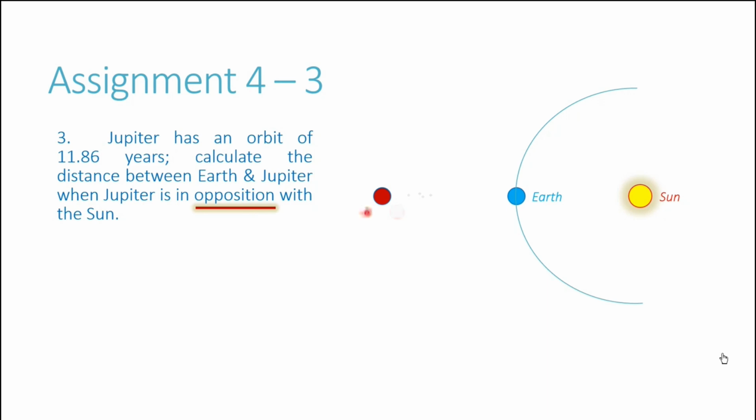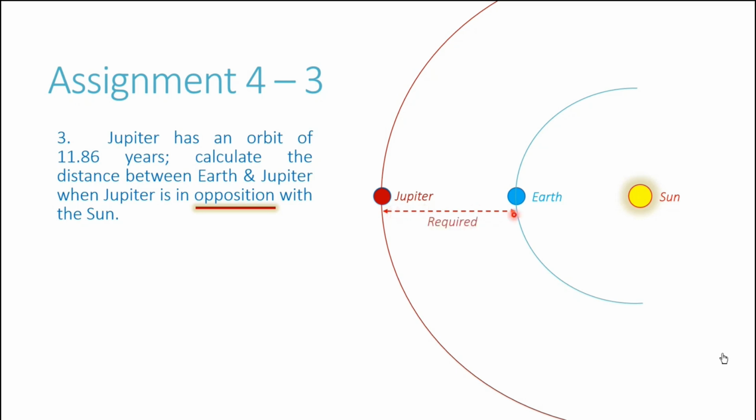So Jupiter has to be here. You see, in this particular place, for an observer on the Earth's surface, the Sun and Jupiter are in opposite directions. Now we can show the orbit of Jupiter also in our diagram. And we now need to find out this particular distance, that is the distance between the Earth and Jupiter.